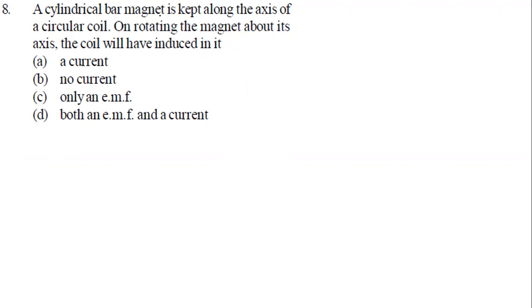A cylindrical bar magnet is kept along the axis of a circular coil. Now there is a circular coil, and let's say this is the axis of the circular coil, and this is the center.